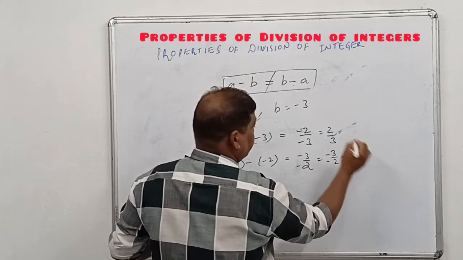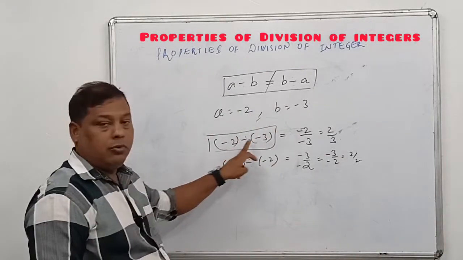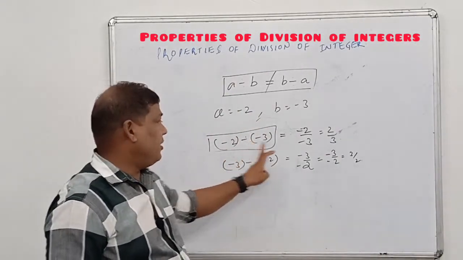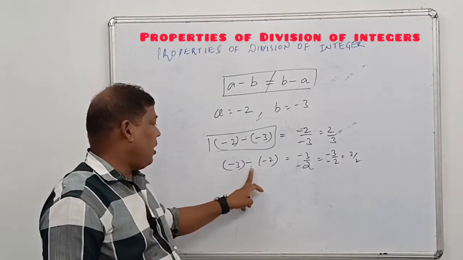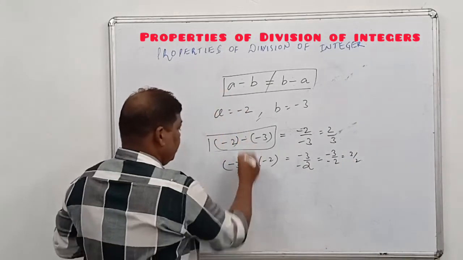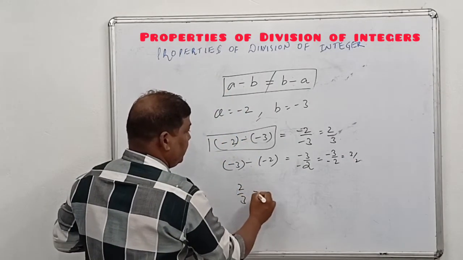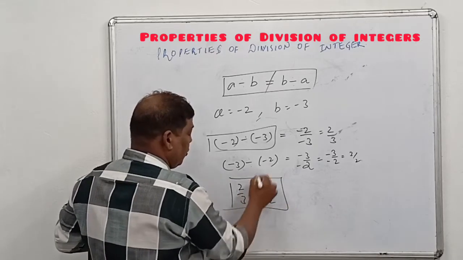So 3 by 2. In the first case, -2 upon -3, the result will be 2 by 3. In the second case, -3 upon -2, that is 3 by 2. So here 2 by 3 is not equal to 3 by 2. So these two numbers are not equal.